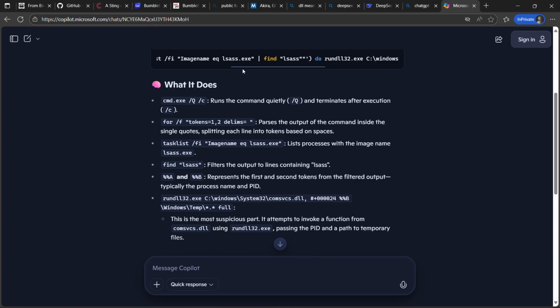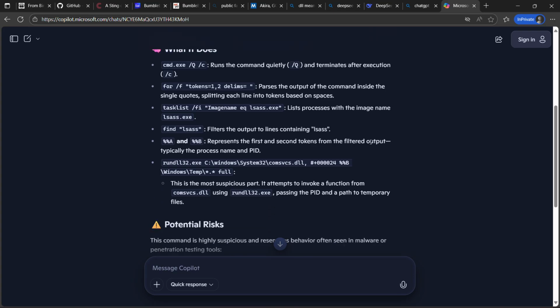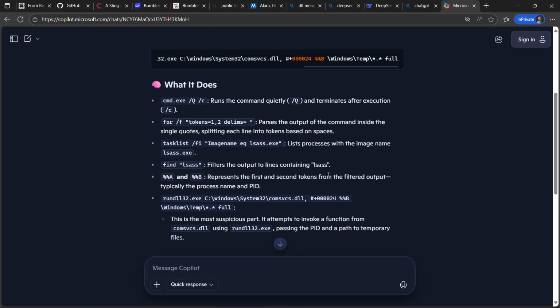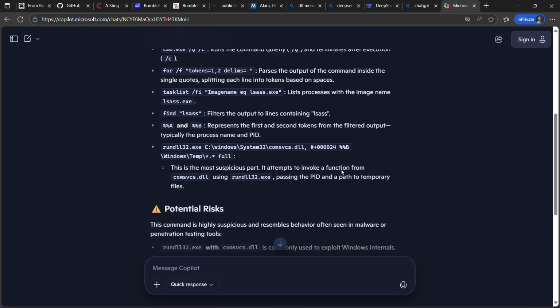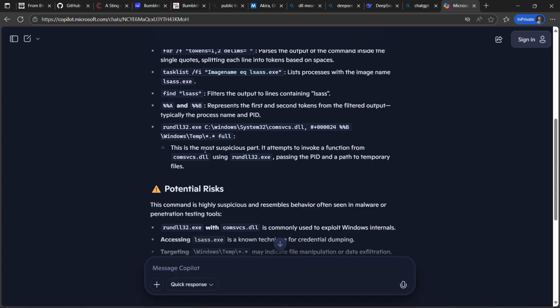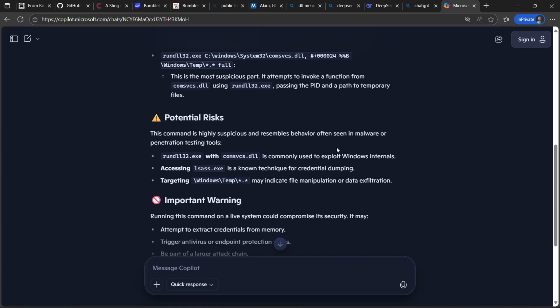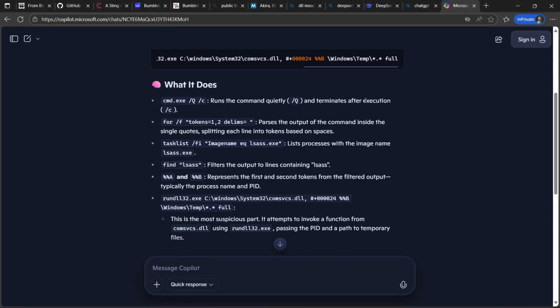So meaning the output of all of this code will be passed through this code, and it presents the first and second tokens. Steps to invoke a function. Okay, I kind of understand some, but I still have no idea.